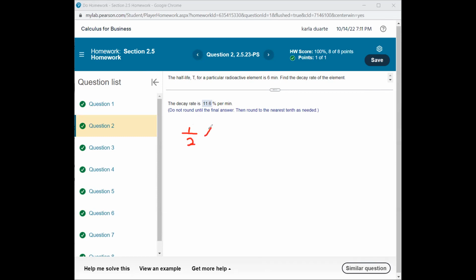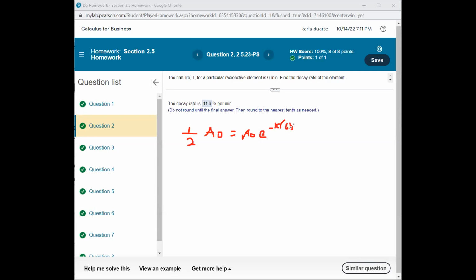So half of the original amount is the final amount, and that's equal to A sub 0, the original amount, which is going to cancel because it's on both sides. Then you have e to the negative K, and your T is 6 minutes. So you just solve this for K, which we've done before.